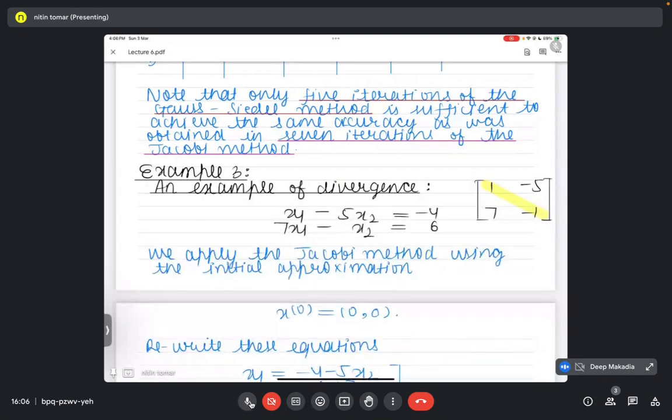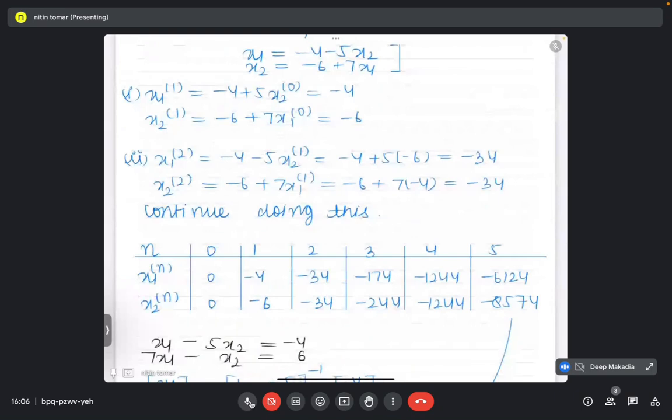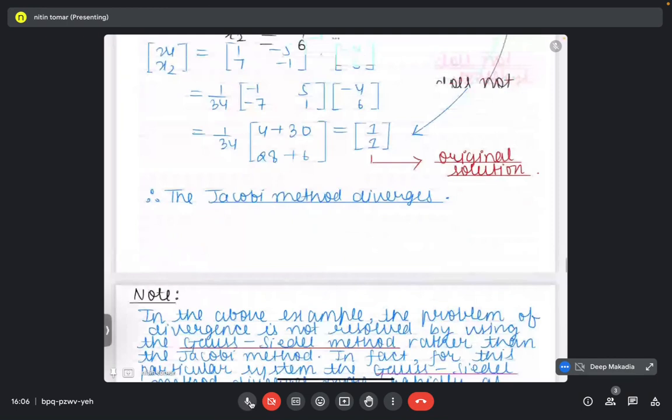By the Gauss-Seidel method, your sequence diverges even faster. Positively, Gauss-Seidel converges faster than the Jacobi method, but for divergence also, it diverges faster, as these examples are saying.